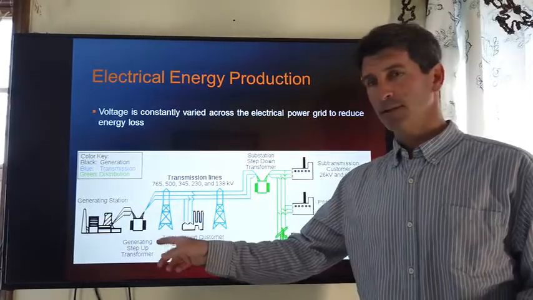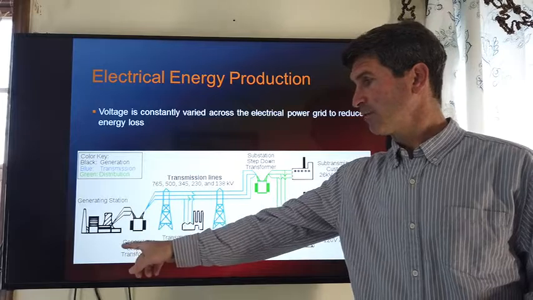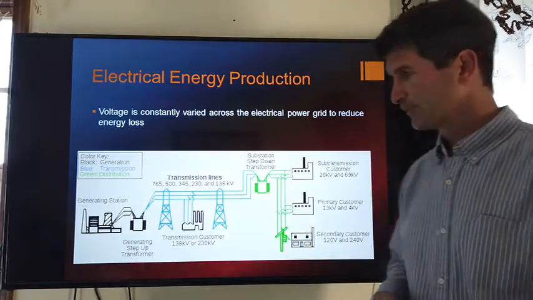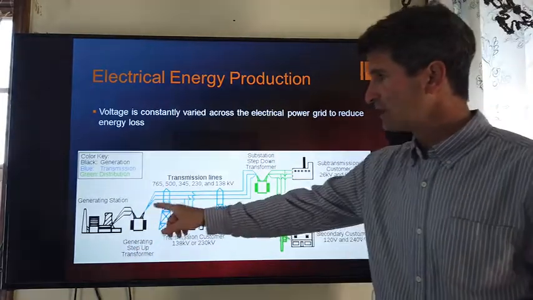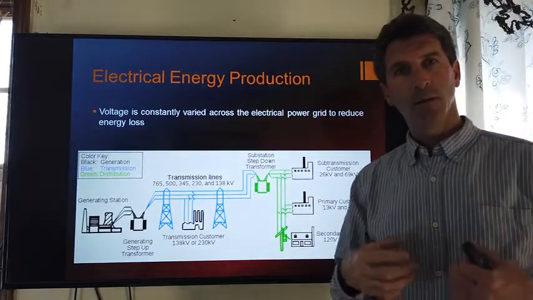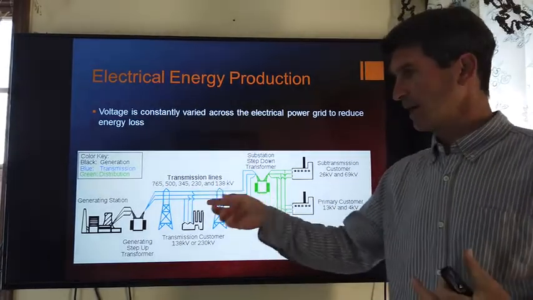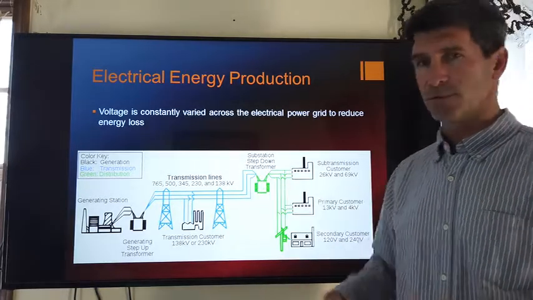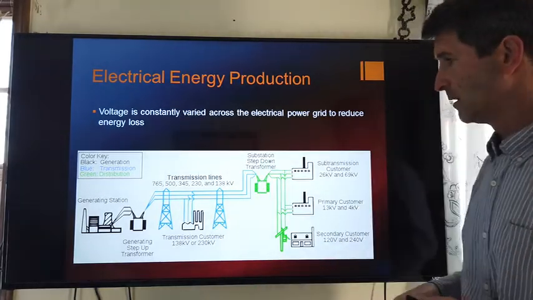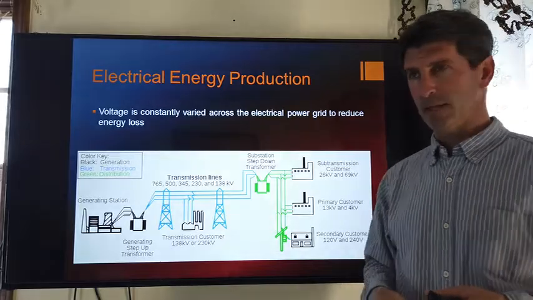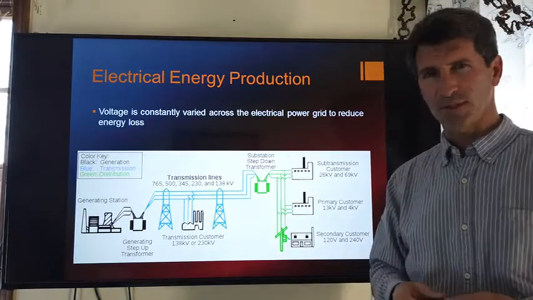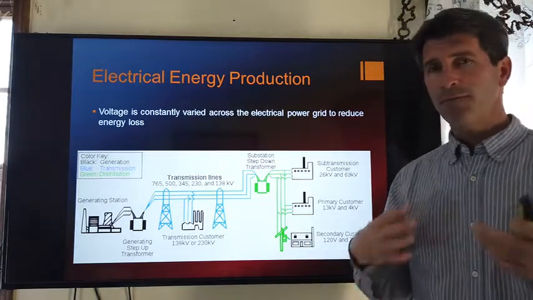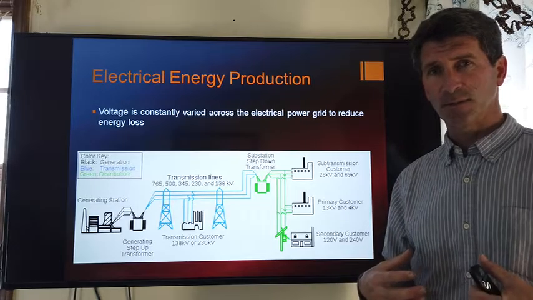Now, to dump it on the grid, they go from a lower voltage to a higher voltage. They've got to send it along these blue lines. Now, these blue lines are basically representing cables, probably made out of aluminum. Some of the older ones might be made out of copper, but I'm pretty sure they've pretty much gone to all aluminum. They have a finite amount of resistance, okay?